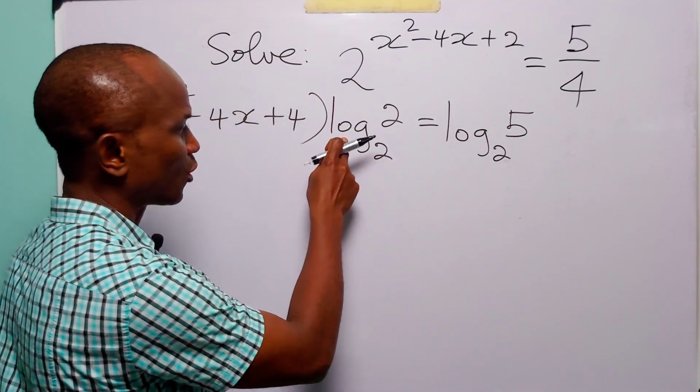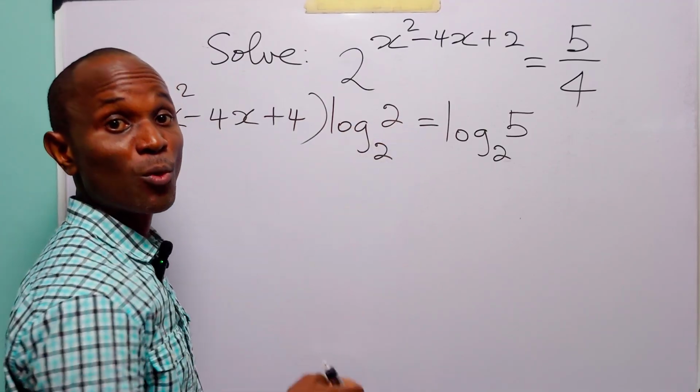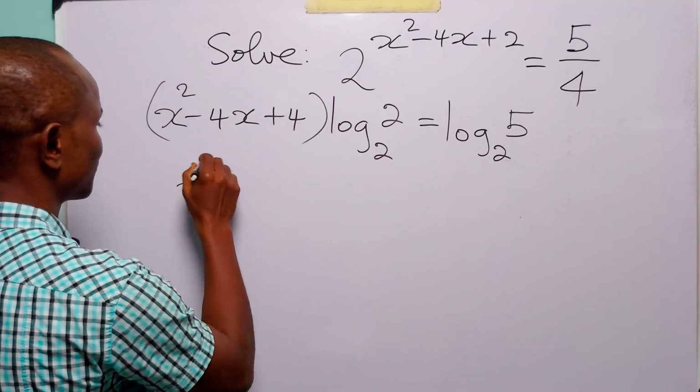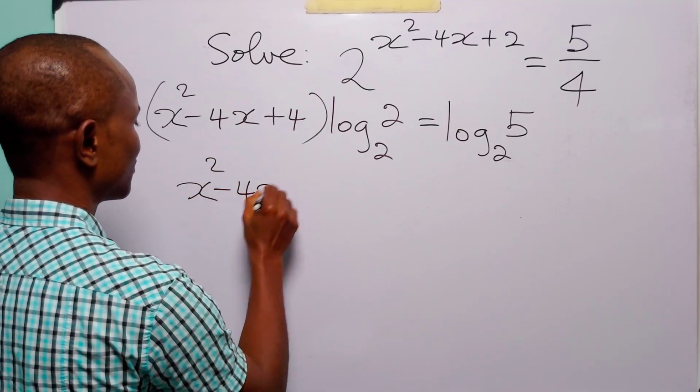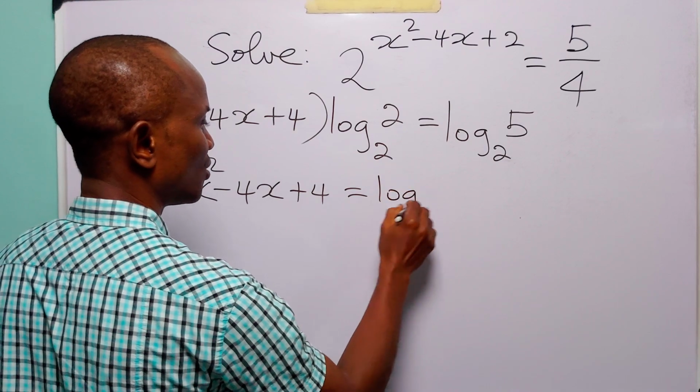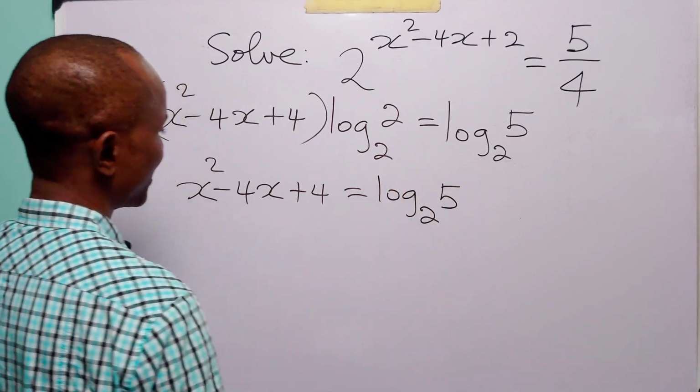But of course, you know that log to base 2 of 2 is equal to 1. So this equation becomes x squared minus 4x plus 4 is equal to log to base 2 of 5.